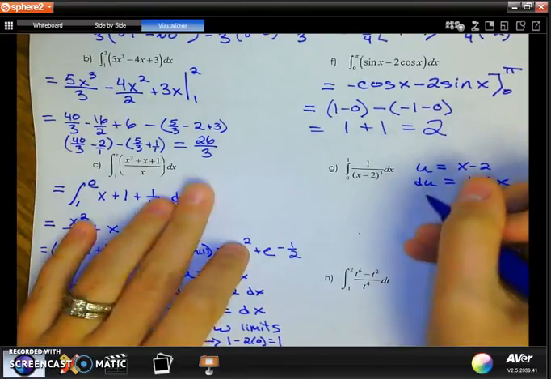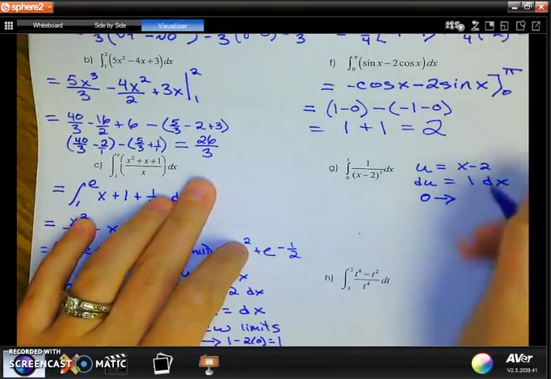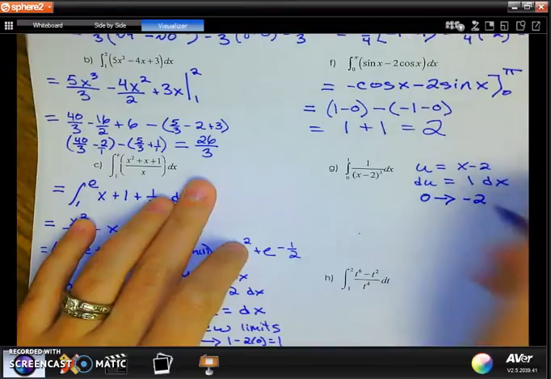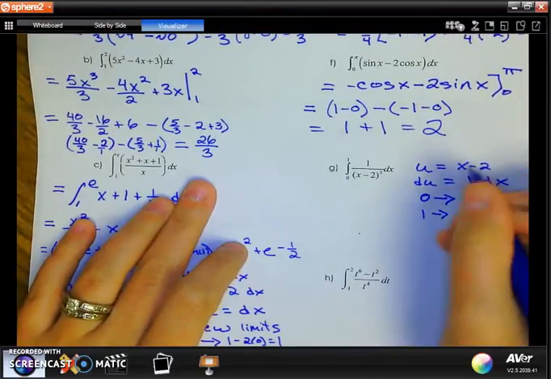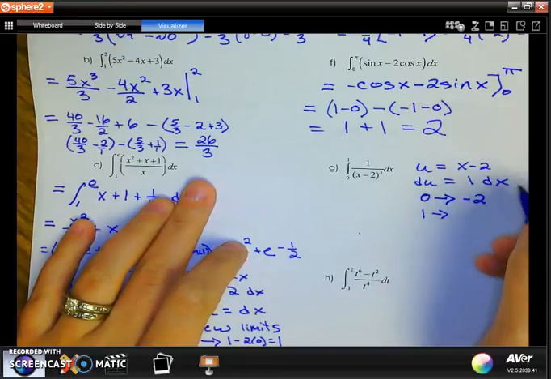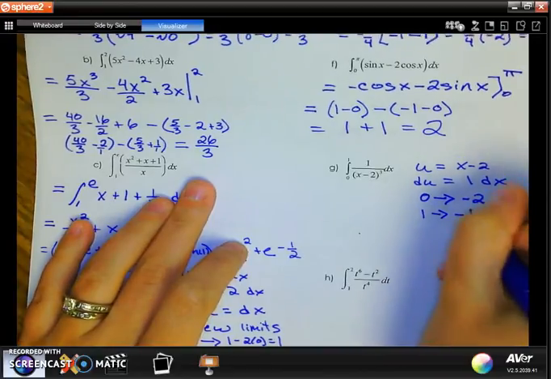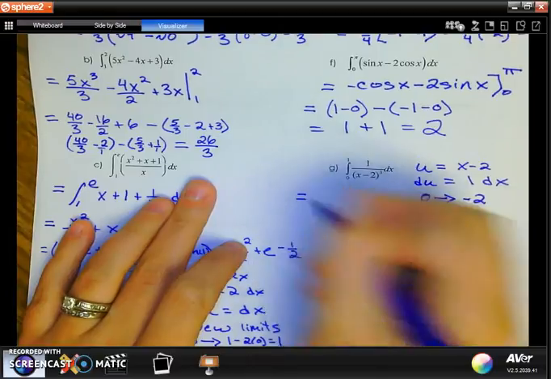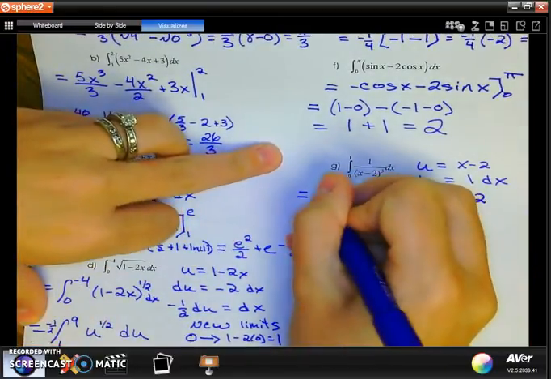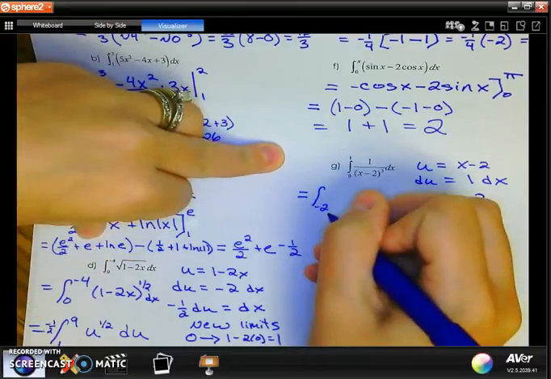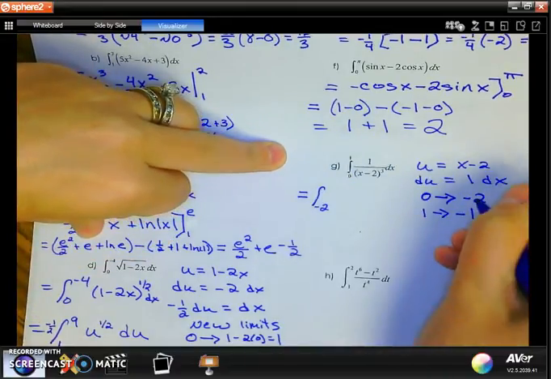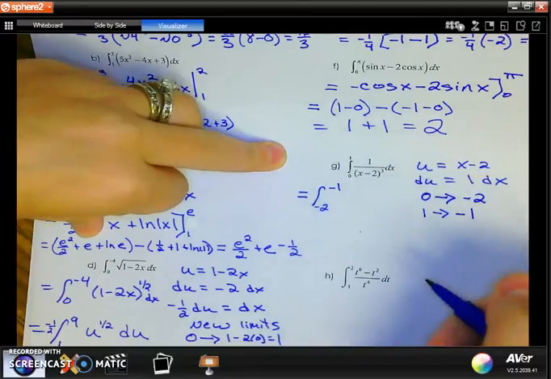So when you adjust your limits, 0, let's see, if I plug in 0 there, I get a -2. And when I plug in 1, okay, if I plug in 1 minus 2, gives me a -1. So when I go to rewrite this, okay, it's going to be the integration from -1, oops, sorry, this is a -2 to -1 there.